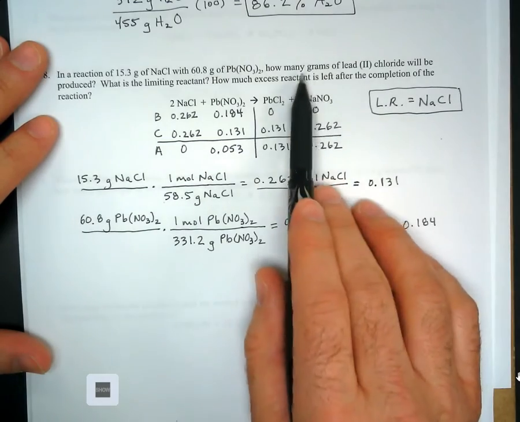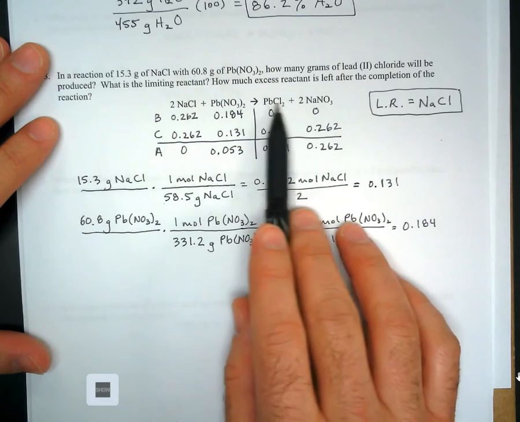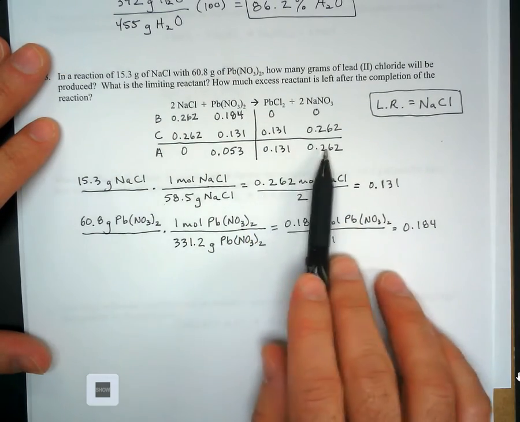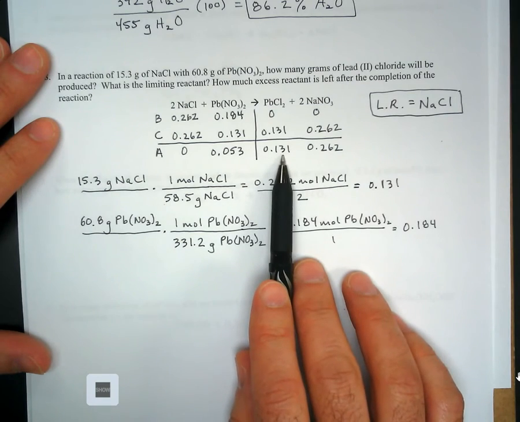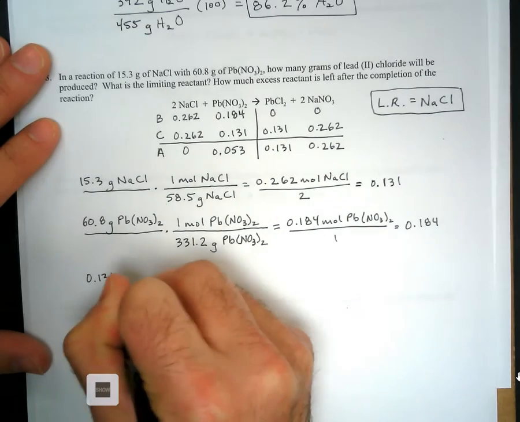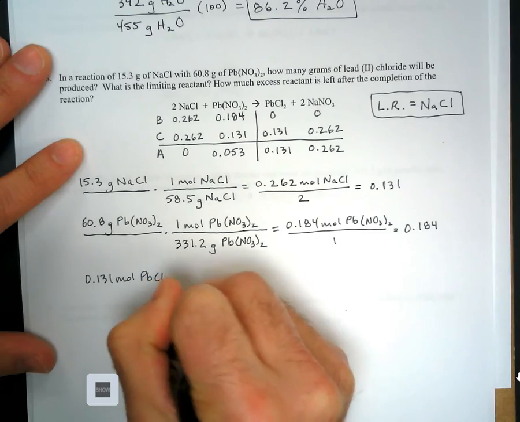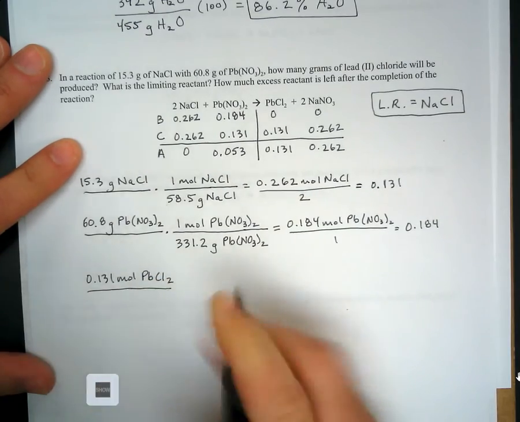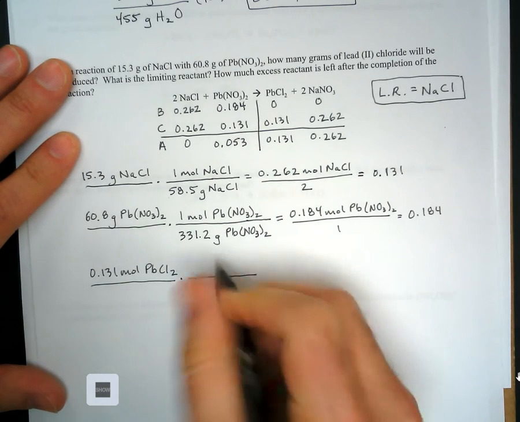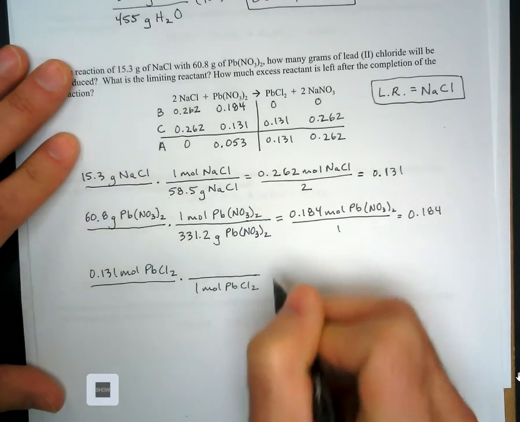So how many grams of lead 2 chloride will be produced? Lead 2 chloride is this one, the lead and the chlorine. The stuff we have after the reaction is down here, 0.131. We want that in grams, so we're going to do 0.131 moles of the PbCl2. Make sure you're using the right substance. We're going to convert moles of PbCl2 into grams.